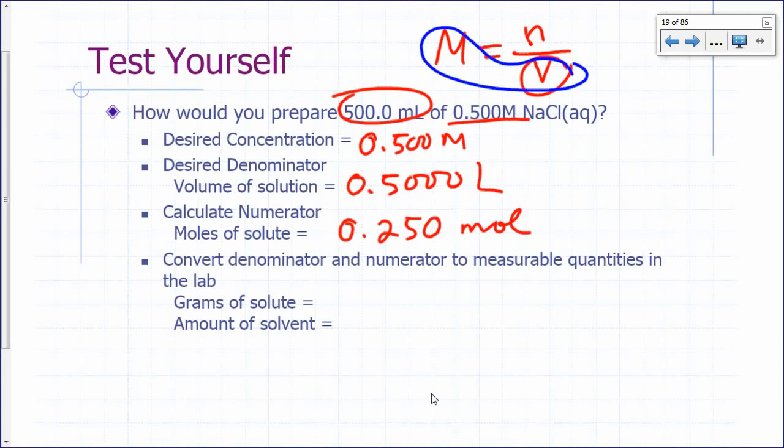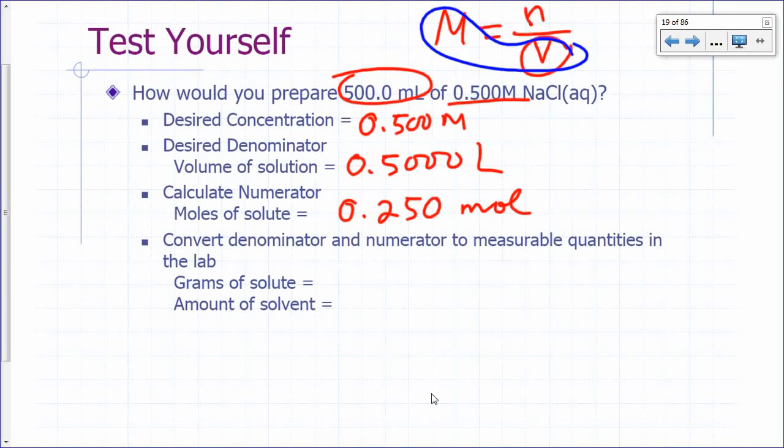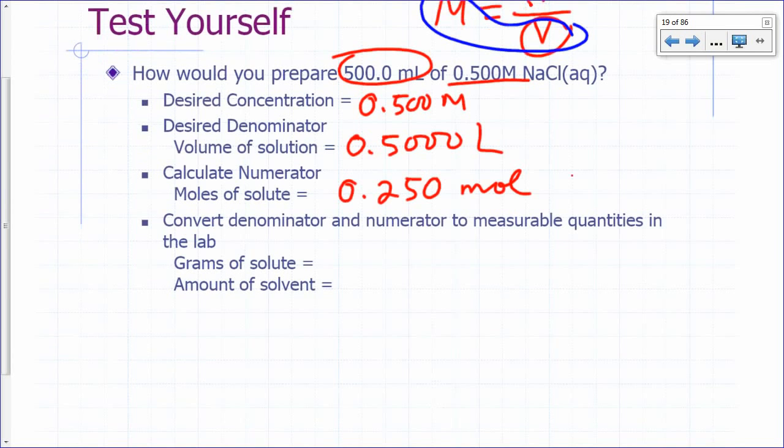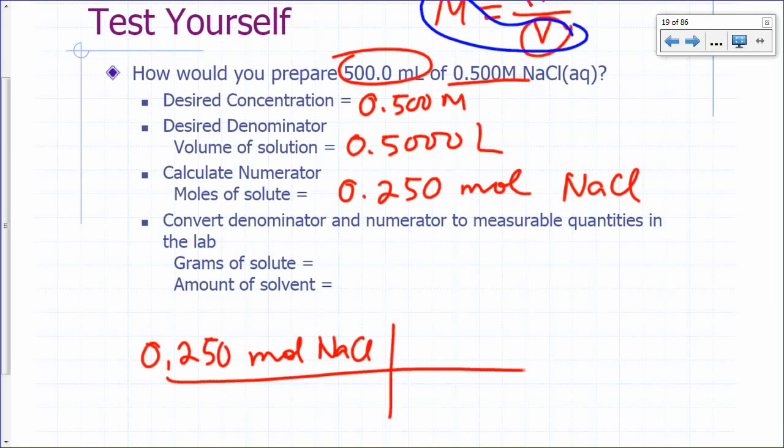We don't have a mole meter, so you have to convert it to something you can measure in the lab, and that would be grams. So you have 0.250 moles of sodium chloride, and you have to change that to grams. You're going to need the molar mass. A mole of sodium chloride weighs 58.44 grams.